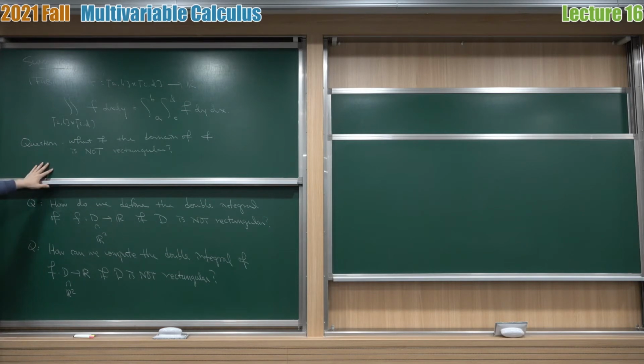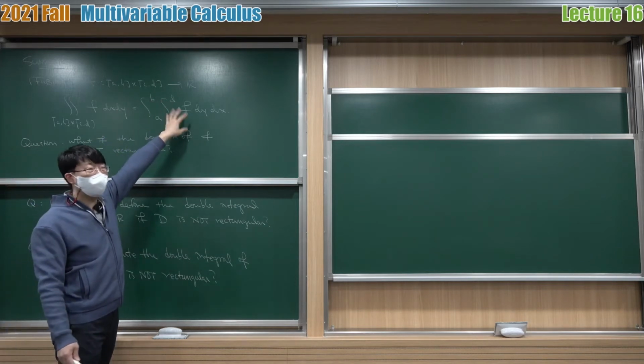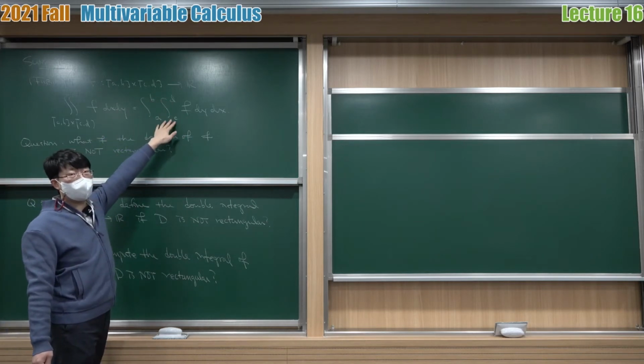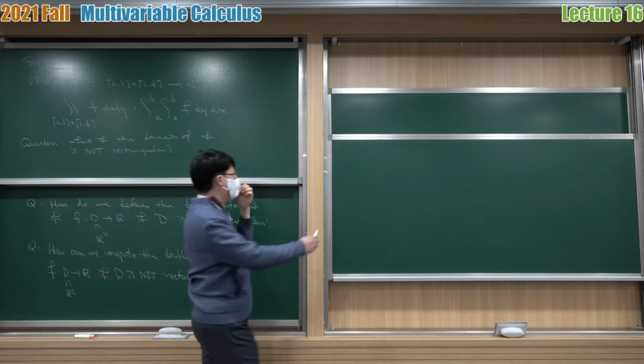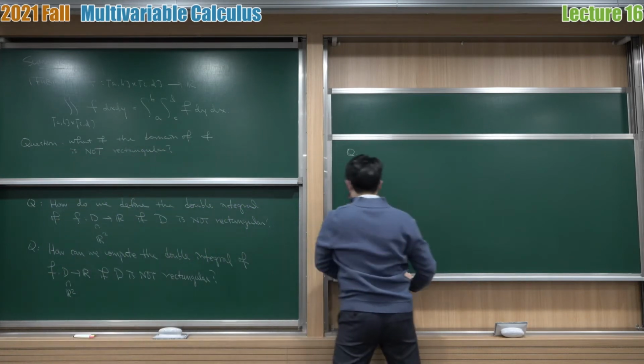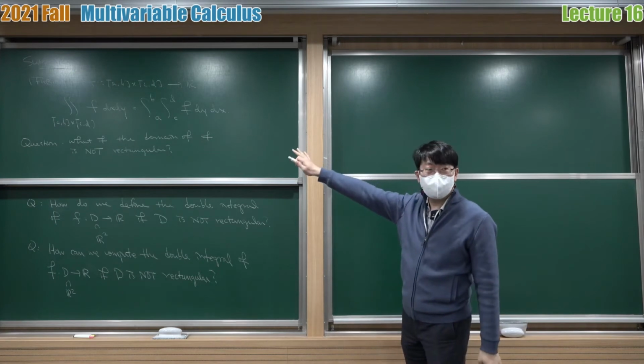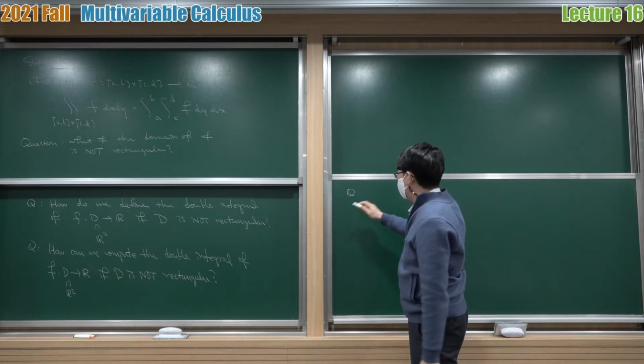So what is implied in this what if? One is that you have to define what is on the left-hand side. What do you have to do next? Yes, you have to think about what is on the right-hand side, because the right-hand side is about rectangular domains. So the question is how you can define the iterated integral for a non-rectangular domain.